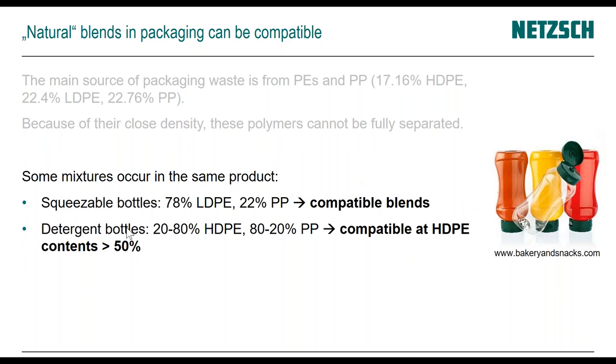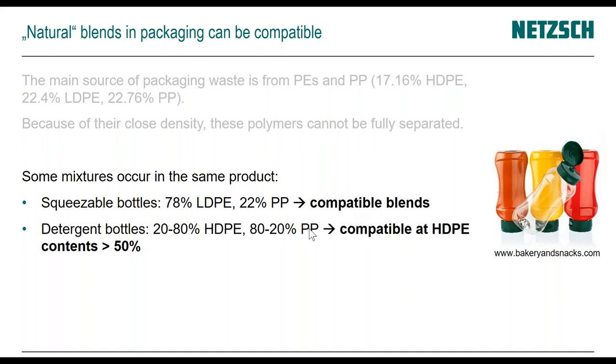I have the example of squeezable bottles where we have 80% LDPE, 20% polypropylene. And as you just saw, all blends of that composition, regardless of the proportion, are compatible. So that is something that could be used in a new material, in a new application, without separating it.